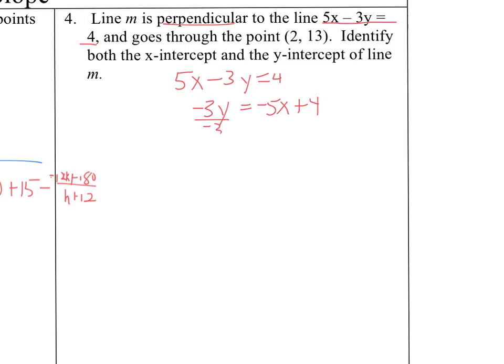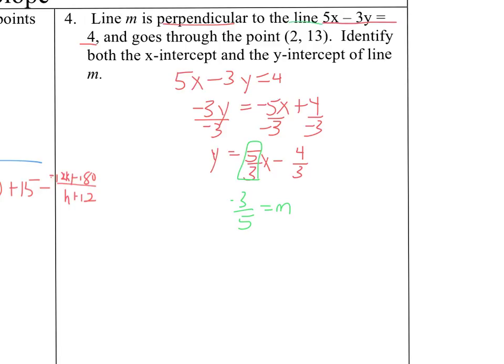Divide both sides by negative 3. We get y is equal to positive 5/3 x minus 4/3. Sorry, I forgot an x in there. Okay, this is the slope of the natural line. We want the opposite reciprocal, so negative 3/5 is the slope of M.